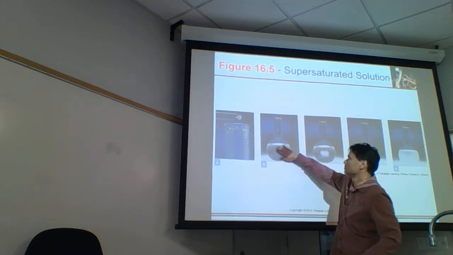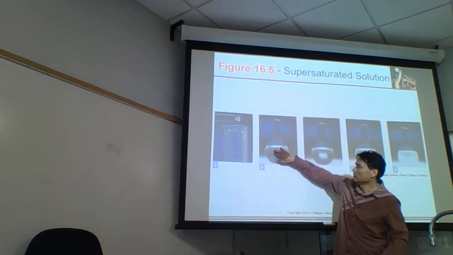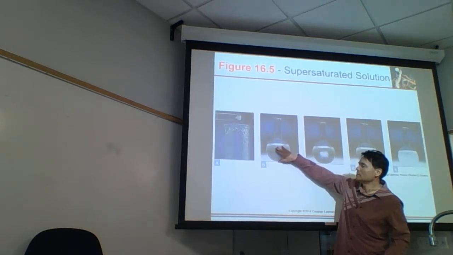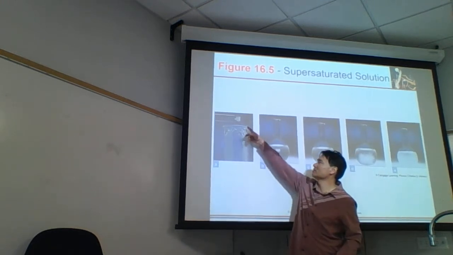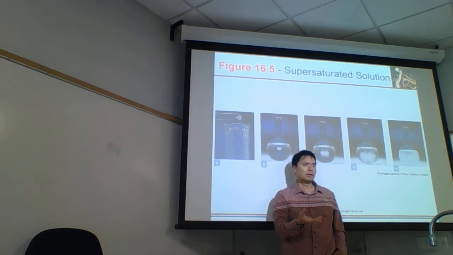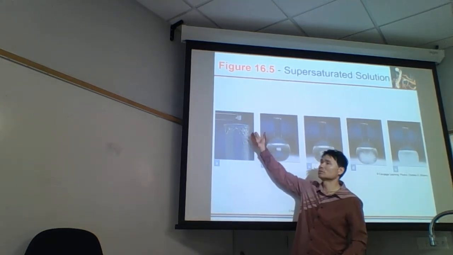They should have shown this before. What they have here is a supersaturated solution of sodium acetate, and it's not sustainable. There's too much sodium acetate dissolved in water. But the problem is the crystals are having a hard time forming. And so what they're doing is they're adding something called a seed crystal. A seed crystal helps promote crystallization by providing a template for new crystals to form.